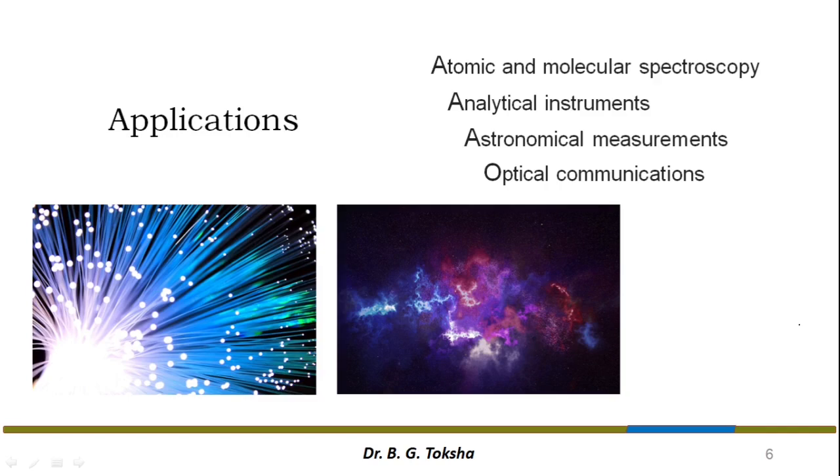Grating-based spectrometers play an important role in astronomical instruments for imaging and in removal of stray light from the signal. The spectroscopic analysis of starlight allows us to determine the composition of the stars as well as their relative velocities. Gratings are also used in optical communications for wavelength selection, in splitting and combining the optical signals.